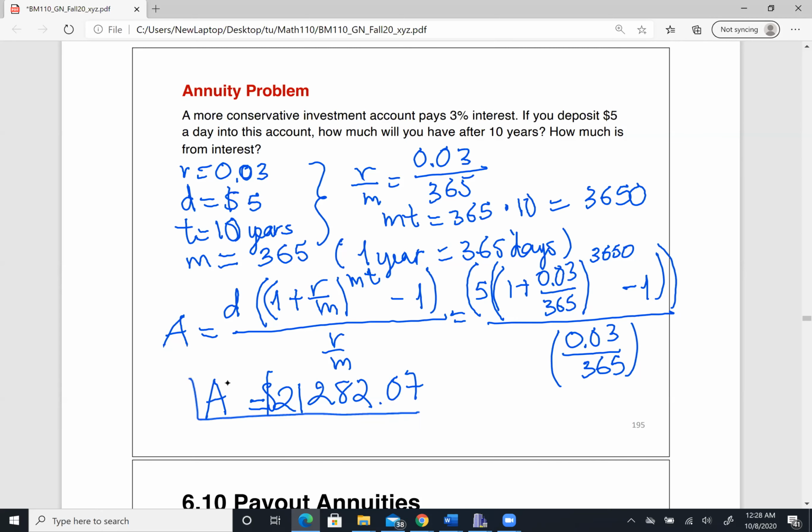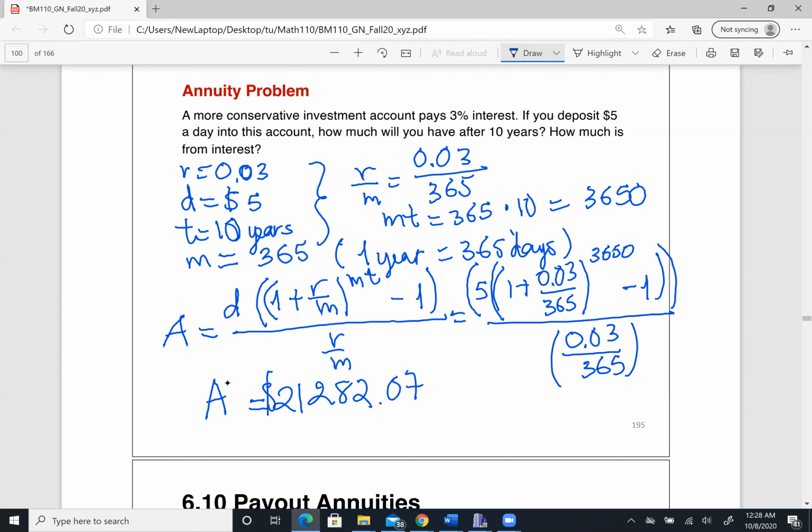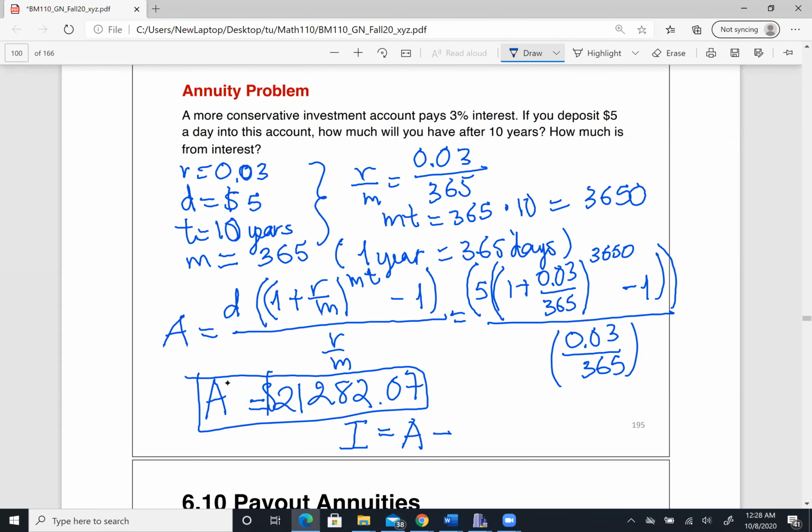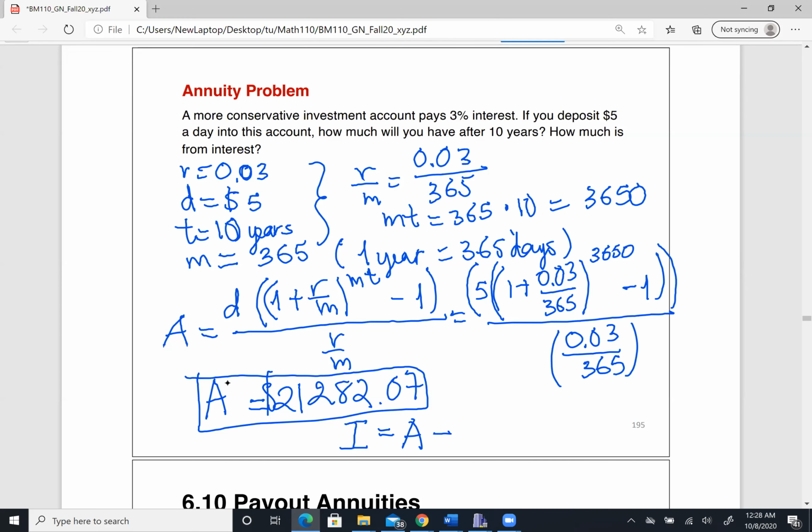Another question is how much is from the interest. You need to find the interest. The interest will be equal to the amount A, minus the total amount that you put into the account over 10 years.